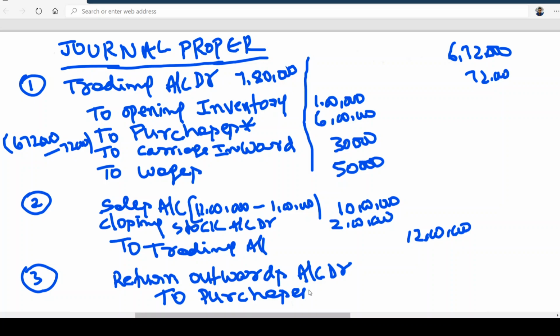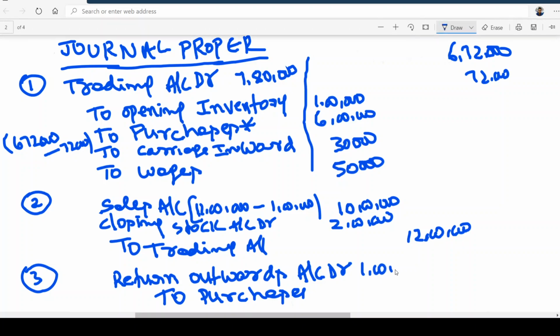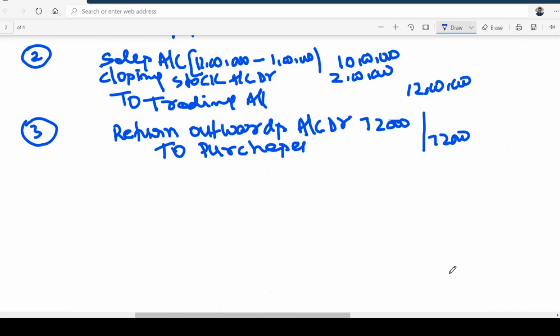Am I right? You learned that entry, my dear friends. What is the amount here? 1 lakh or 72, return outwards 72. This is the entry for purchase returns.